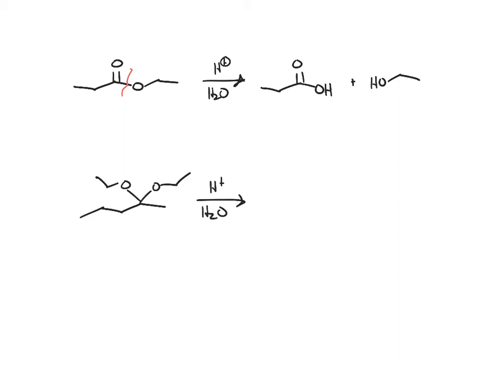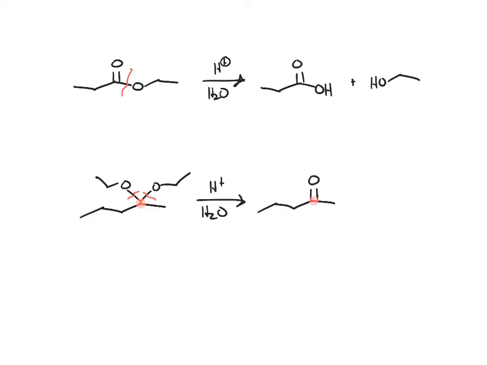The other one, or one of the other ones, is an acetal. So upon hydrolysis, you're effectively breaking these two bonds, and that acetal carbon, just like we did with the imine and enamine, becomes a carbonyl, a ketone here.